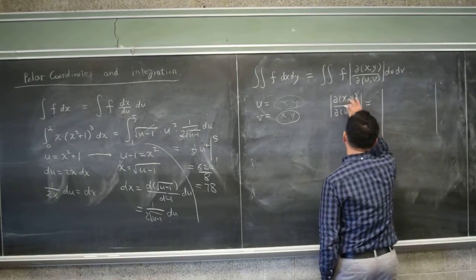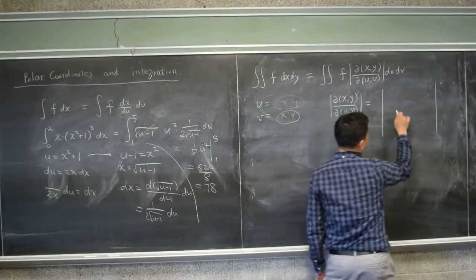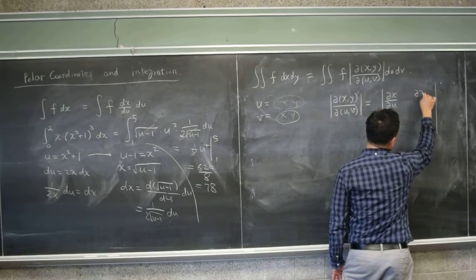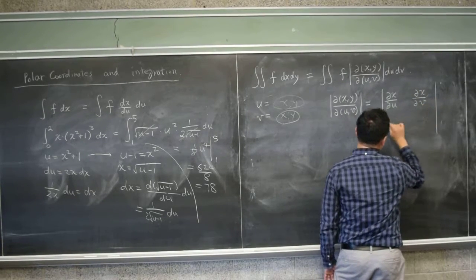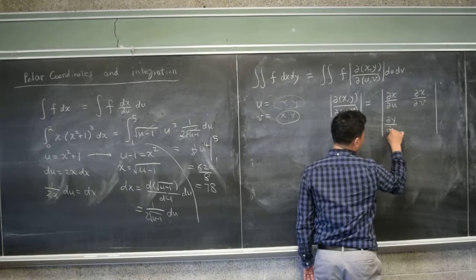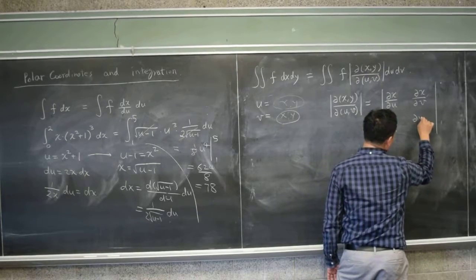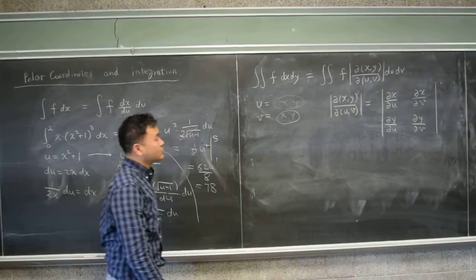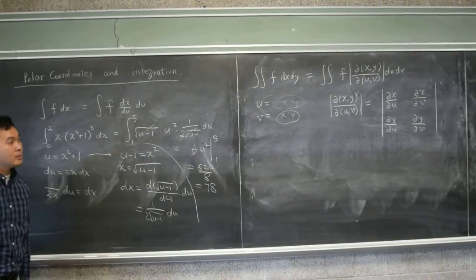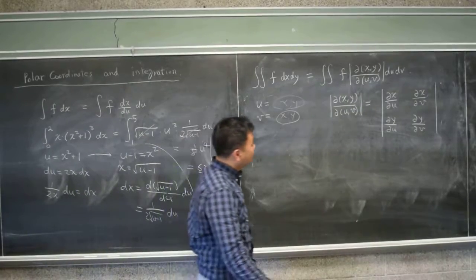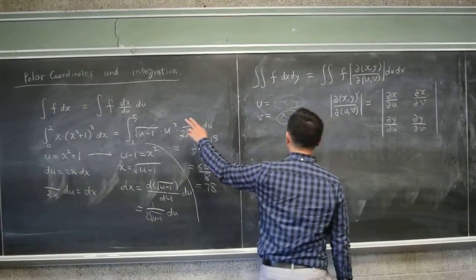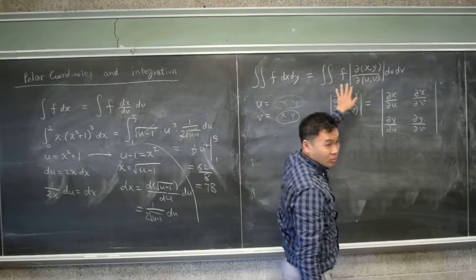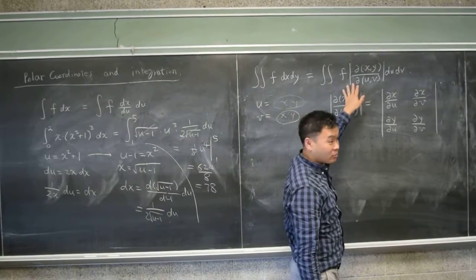So since x and y are now functions of u and v, you can take x and differentiate by u. You can take x and differentiate by v. And then you can take y and differentiate by u, and you can take y and differentiate by v. So that's the generalization of this into two-dimensional integration.